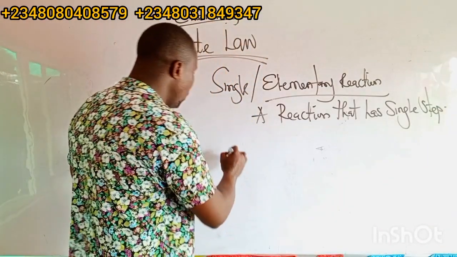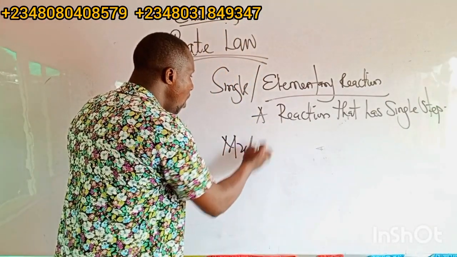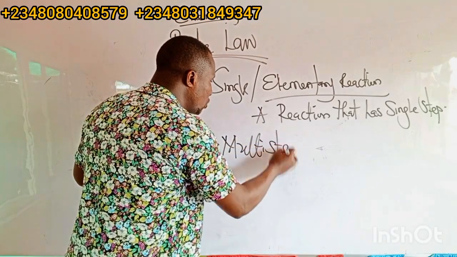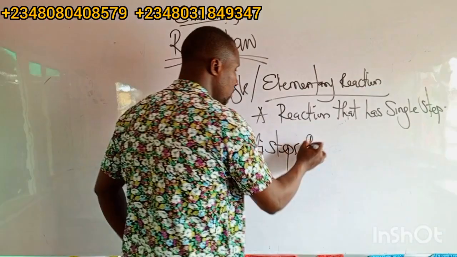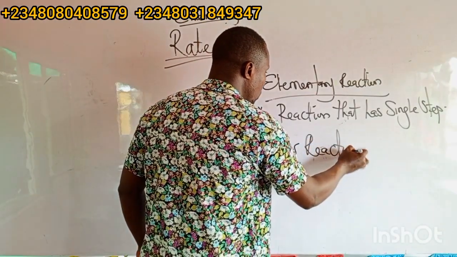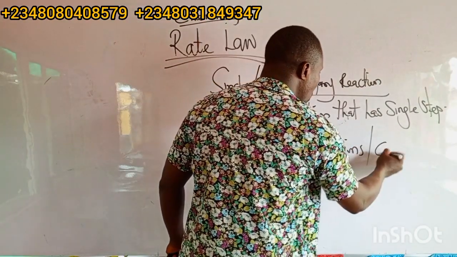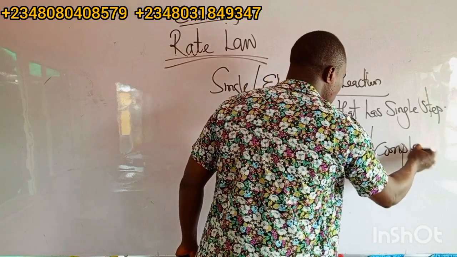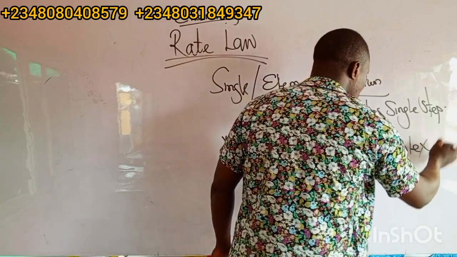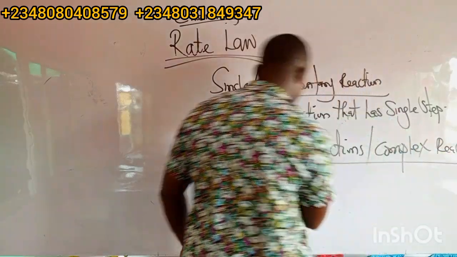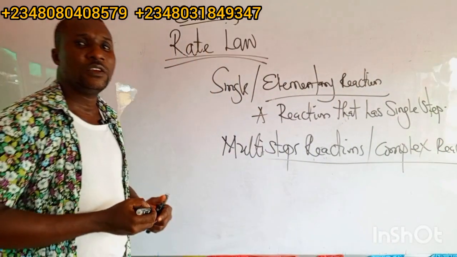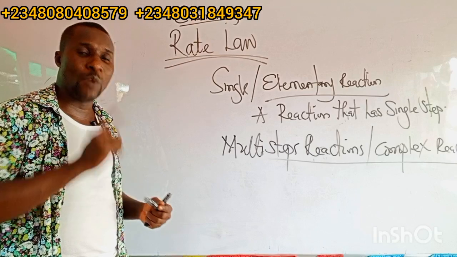But when you have a multi-step reaction, this reaction is also known as a complex reaction. This is a reaction that has more than one step.